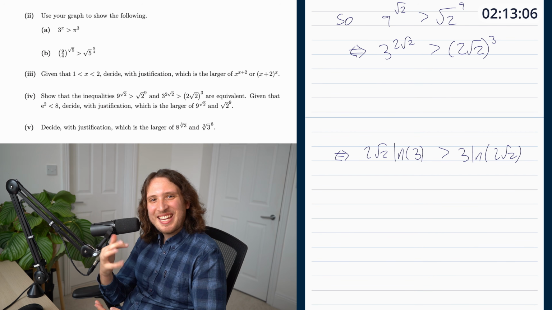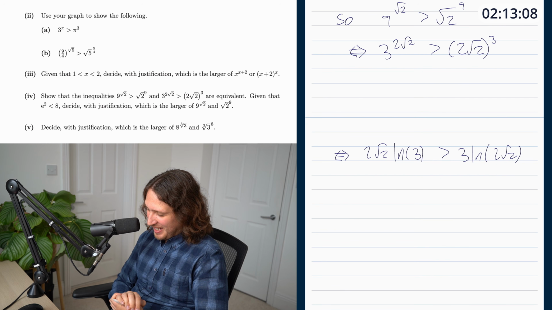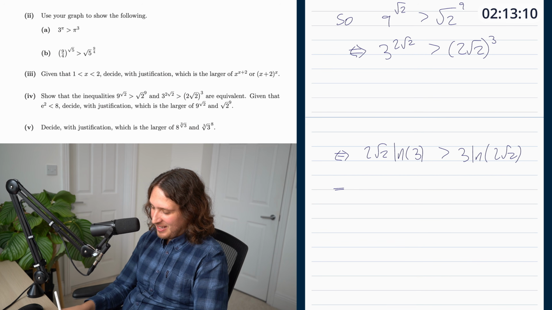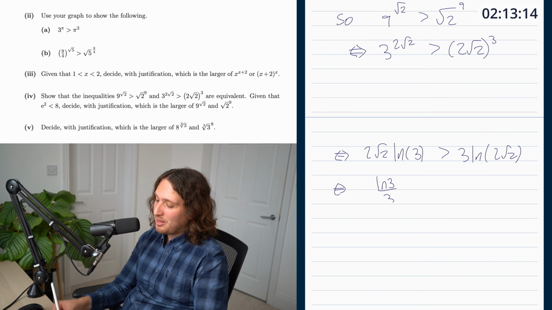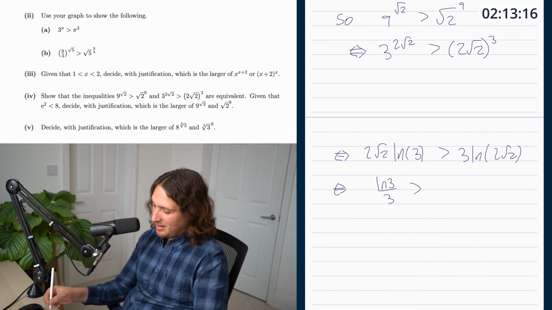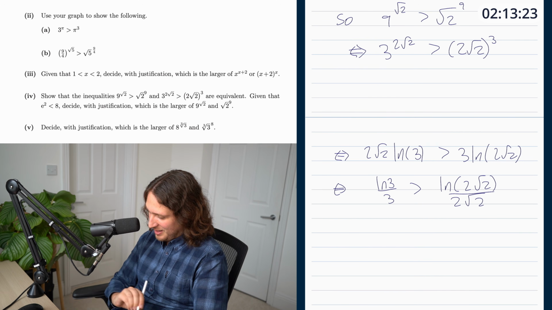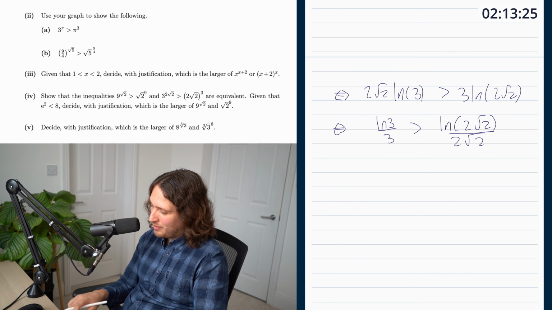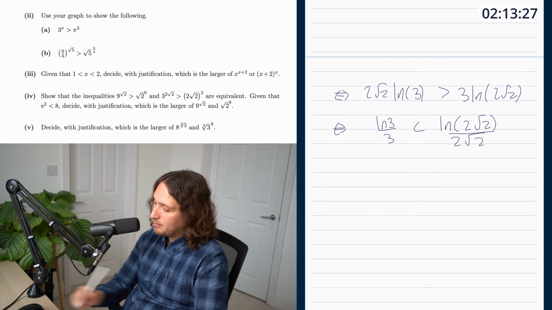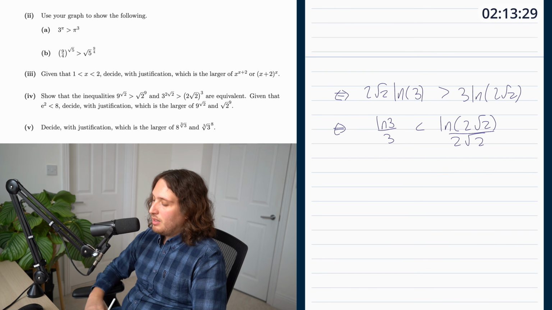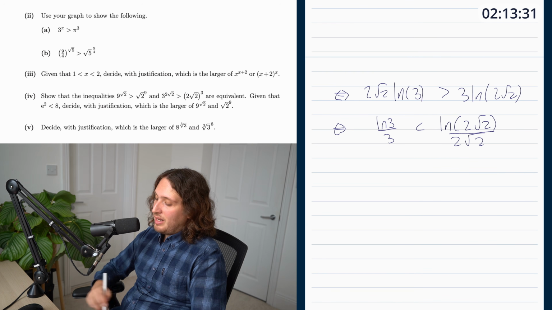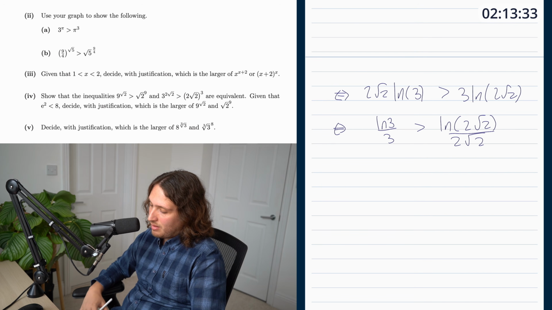My hand's hurting. Dividing, that is equivalent to ln 3 over 3 is this. Yeah, I have to admit, I'm finding this a lot more exhausting than I thought. Ln 3 over 3. Oops, I flipped my signs over. No, I haven't. It's pointing the right way.